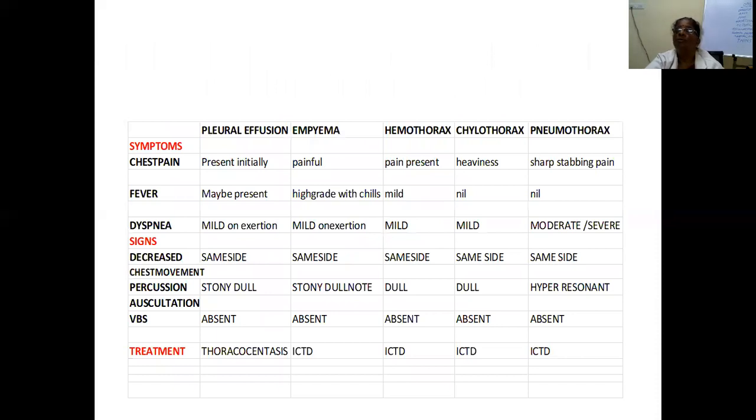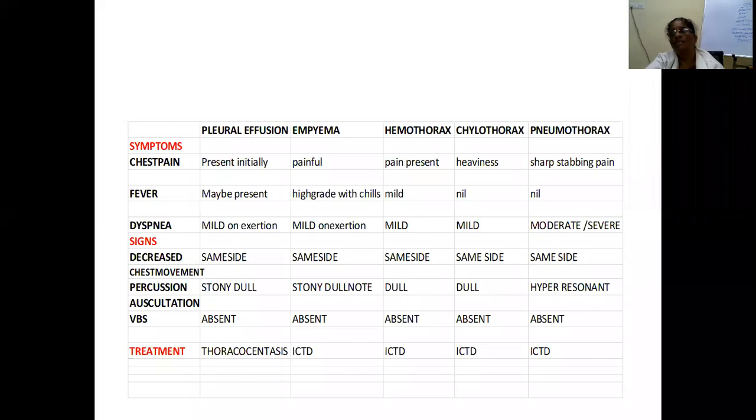Now, to summarize the conditions of pleura, I have prepared a table here. In case of symptoms of these pleural conditions, chest pain. In case of pleural effusion, there will be chest pain initially because of parietal pleural irritation, which later on slowly disappears.